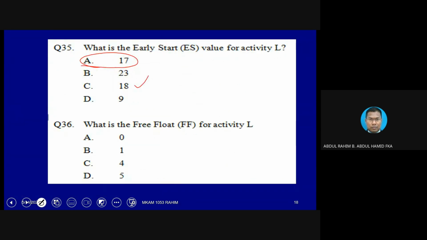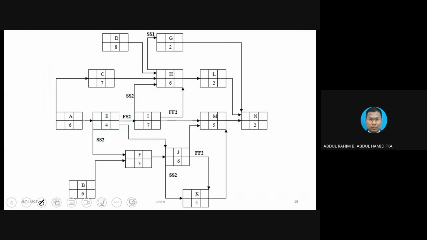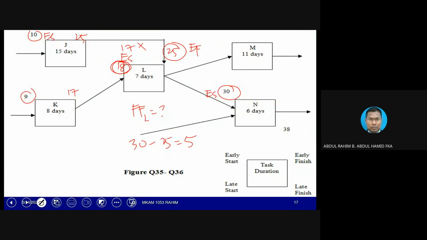5 is also in the selection. But is it the correct answer? That's why you need to understand the concept. M is not specified with a starting value, but of course M will take the early finish of L as its starting point immediately.